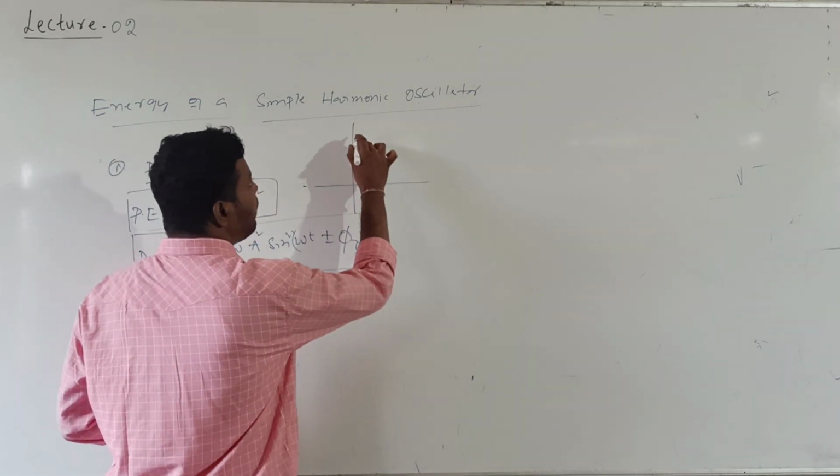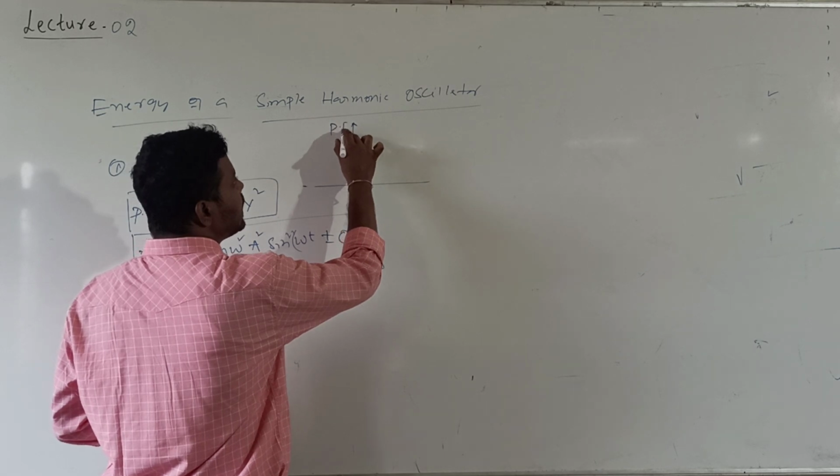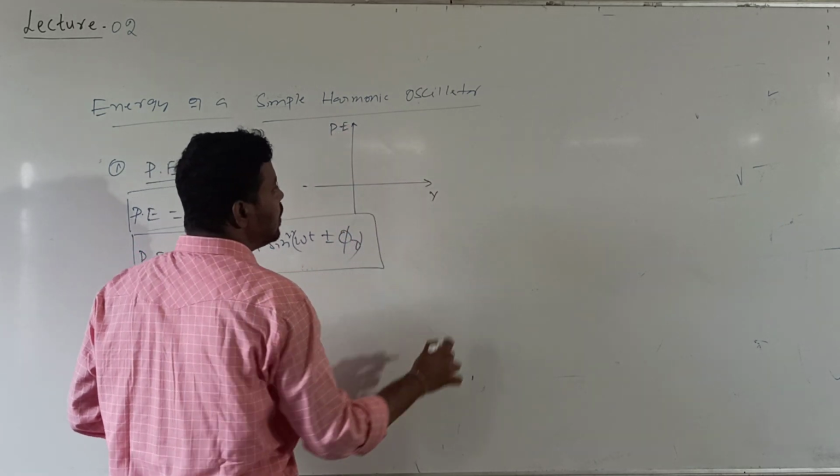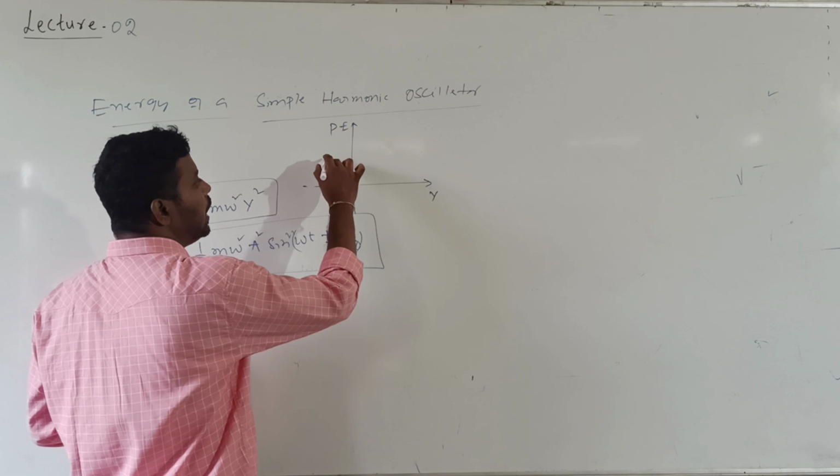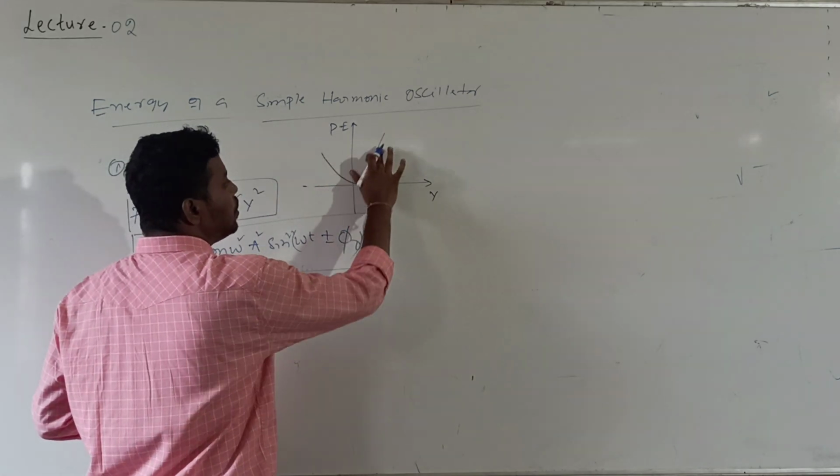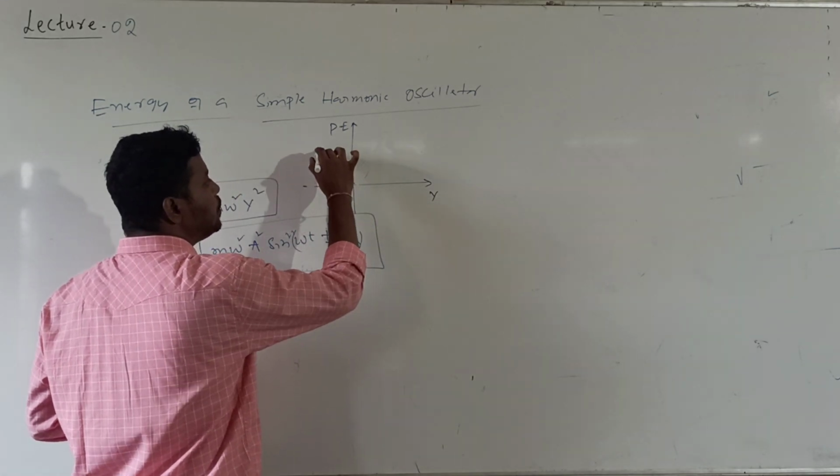If I plot the graph of variation of potential energy with displacement, potential energy will be 0 at the mean position and maximum at the extreme position.